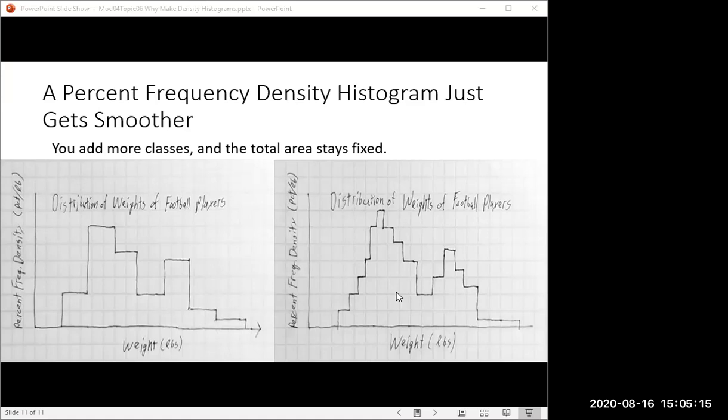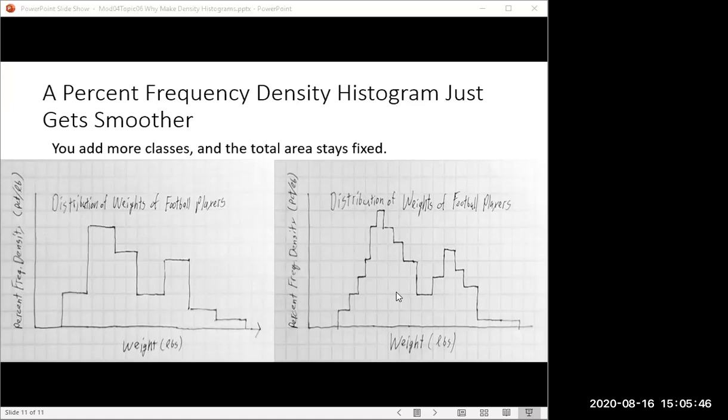On the horizontal axis, we have so many pounds. If you wanted to get the area of one of these little rectangles on the graph paper, the width is in pounds, the height is in percent per pound. You multiply, the pounds cancel out. Each little square on the graph paper is some number of percents. And the total is 100%.